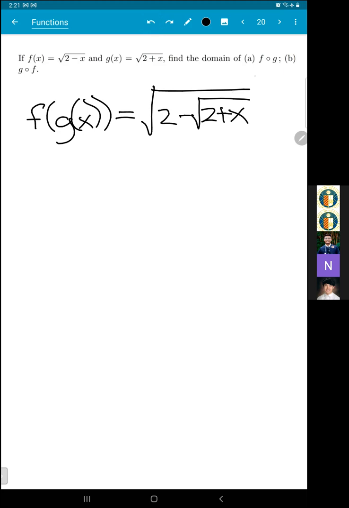There are two radicals, one outside, one inside. So both radicals have to be defined. So let's consider the inner radical first. For this to be defined, the expression inside it should be non-negative, which gives us 2 plus x greater than or equal to 0.